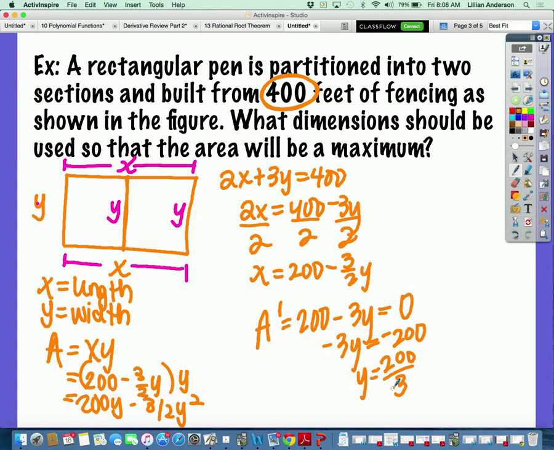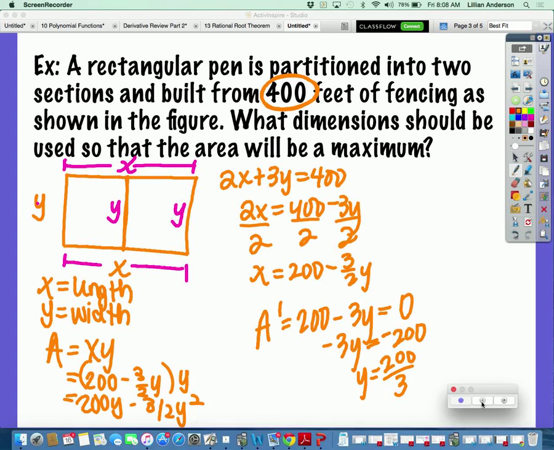Now, I definitely need to test to make sure that that is indeed a maximum. So this time, instead of using the first derivative test, which don't get me wrong, there's nothing wrong with using the first derivative test, I'm going to use the second derivative test instead.